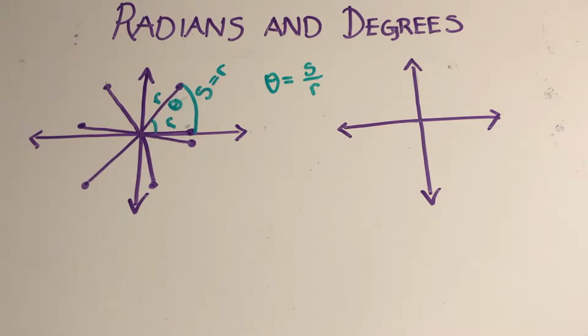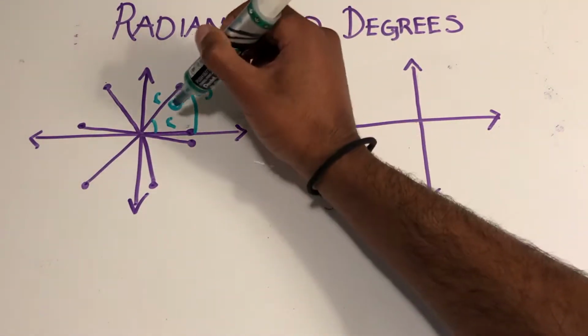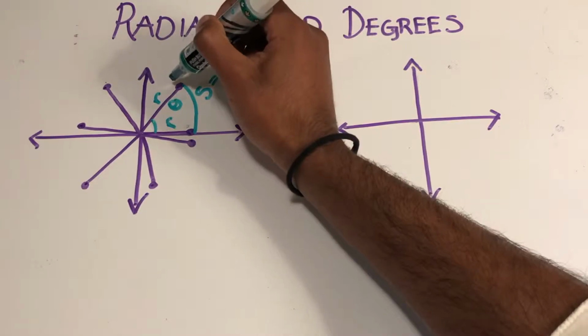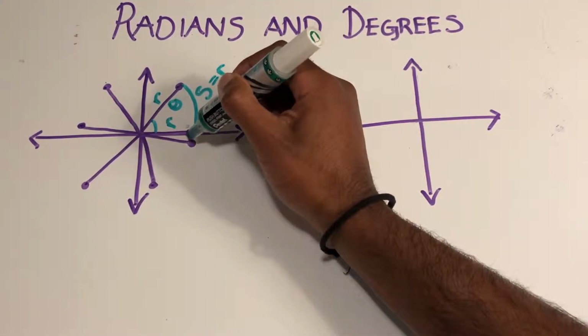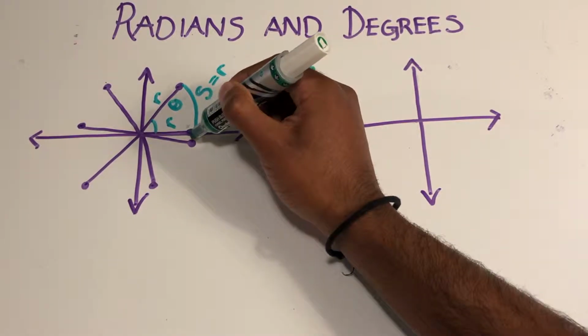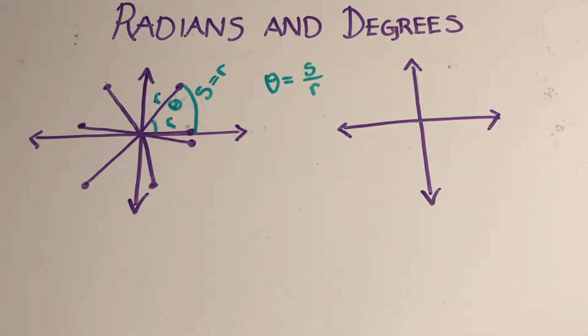If we were to make a full revolution around the circle, we'd go arc by arc. So an arc here, and then an arc there, and so on and so forth until we completed one revolution around the circle.